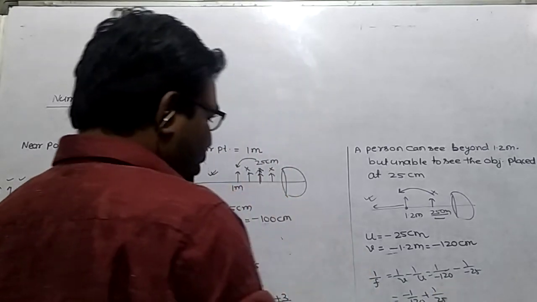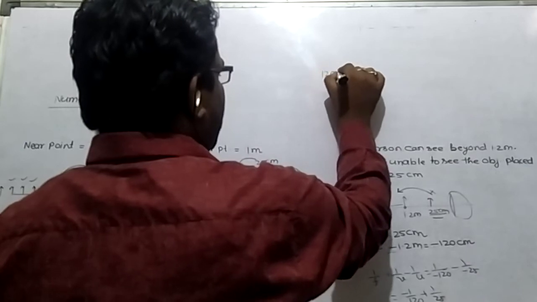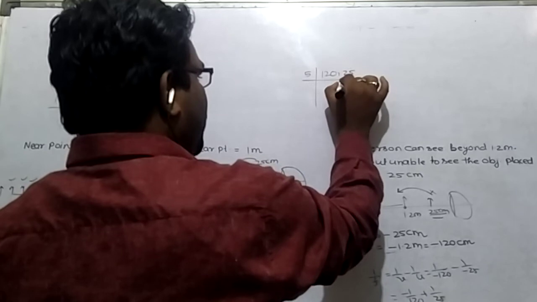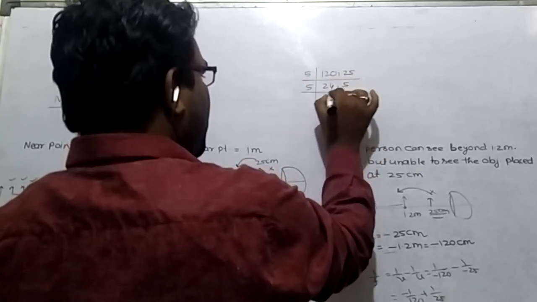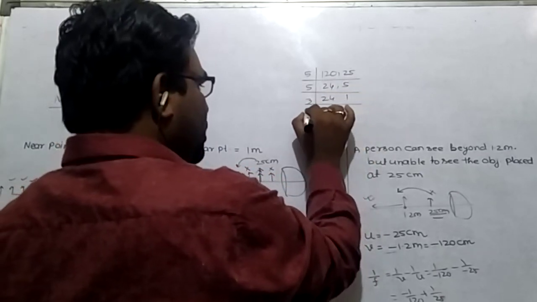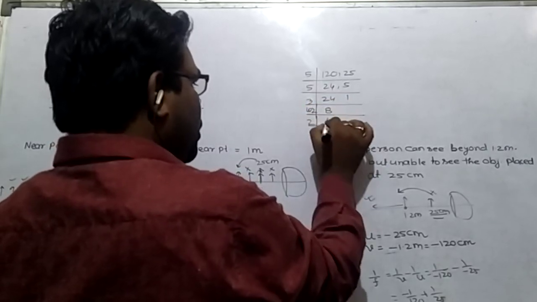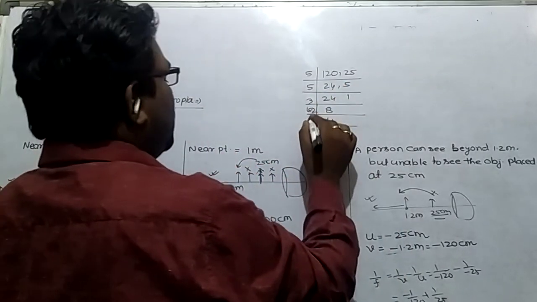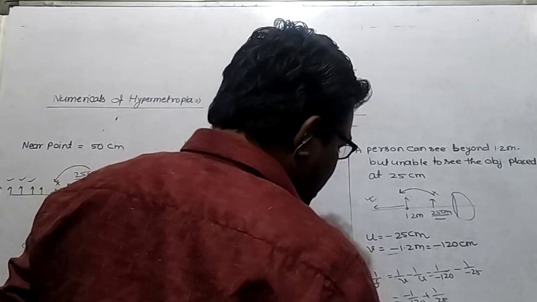Take the LCM of 120 and 25. It is 600, beta.